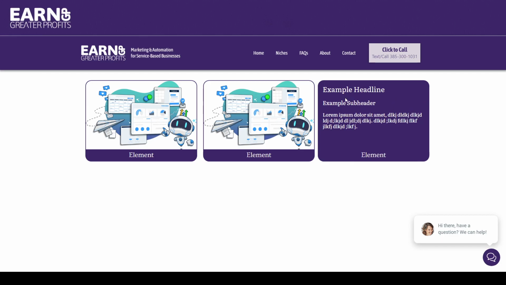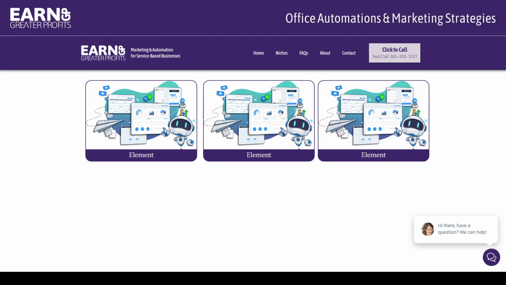In the other video, I talk about using just the image block, a header block, and a paragraph block, and how to put those together using CSS for your hover card. In this one, I'm going to show you how to use the HTML block to create your hover card. So let's get started.